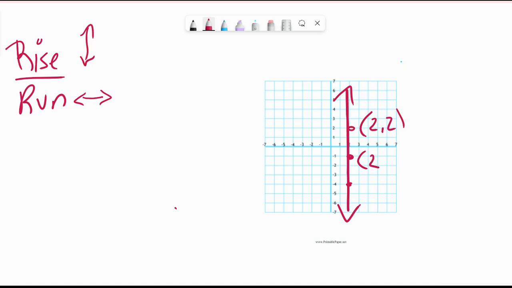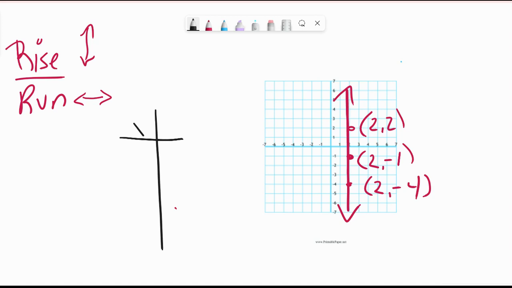This one is 2, -1. And this one is 2, -4. And so if we make our table, I'll just take 2 points. So I'm going to do 2, 2 and 2, -1. The closer the points are together, the less likelihood you're going to have to simplify. So I like to use the ones close together if possible.